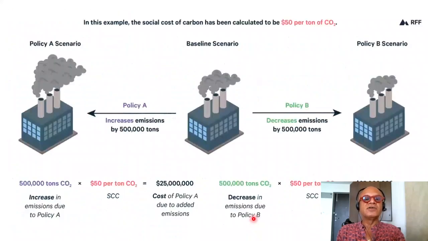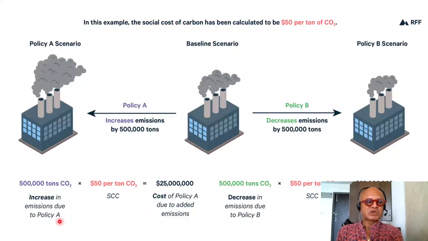So in this example here, the schematic from the Resources for the Future, social cost of carbon has been calculated to be $50 per ton of CO2. So in the baseline scenario, there is $50 per ton, and in policy A, you are taking $50 per ton, and there is an emission of half a billion tons of CO2.